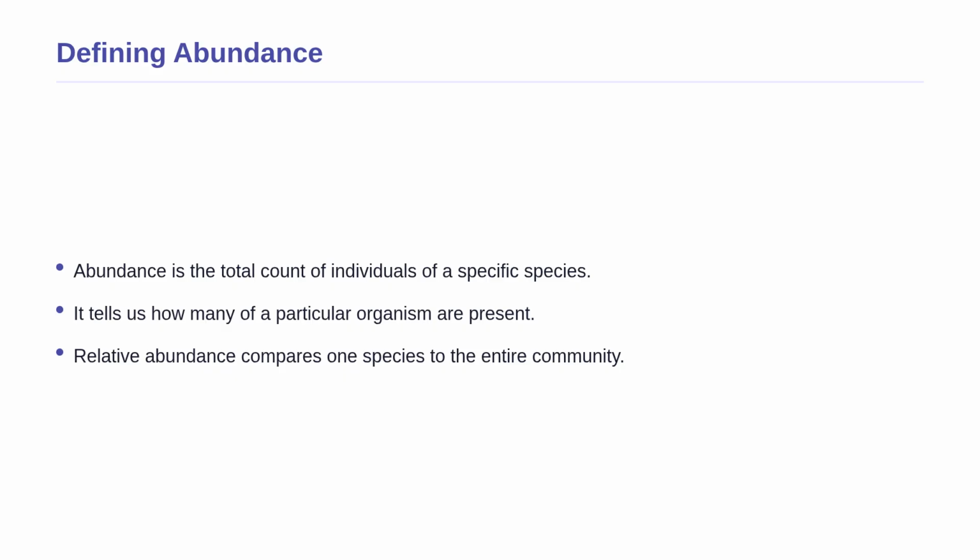However, raw numbers alone can be misleading depending on the size of the habitat. That is why ecologists often look at relative abundance. Relative abundance is the proportion or percentage of one particular species compared to the total number of individuals across all species in that community. It tells us how dominant a specific group is within the larger picture.